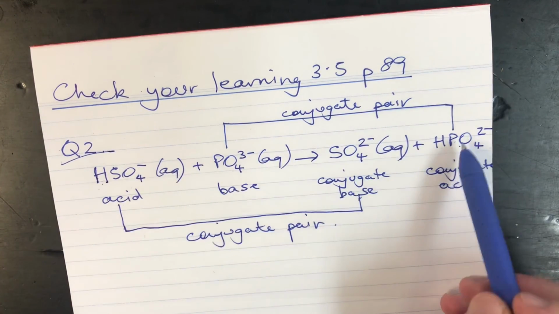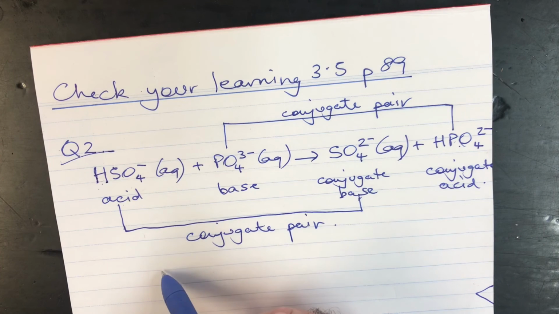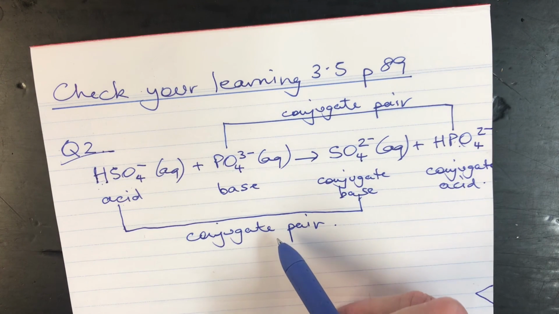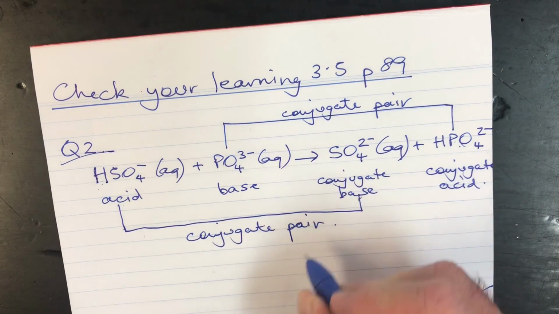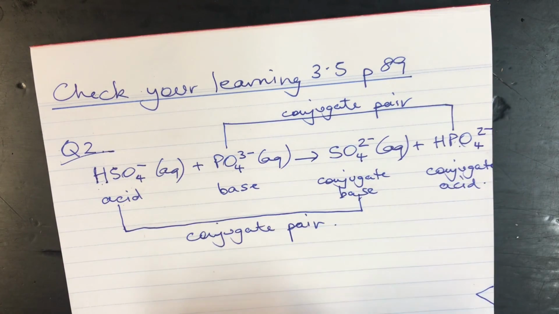they've written out the equation, but they've listed down what the acid, what the base, and its conjugate base, conjugate acid pair, partner. But I like to do it diagrammatically like this.